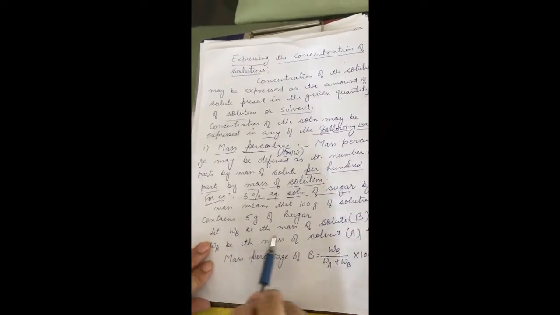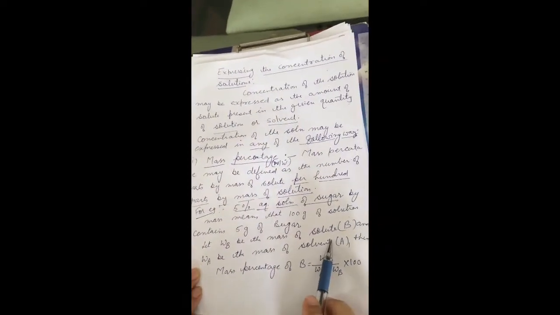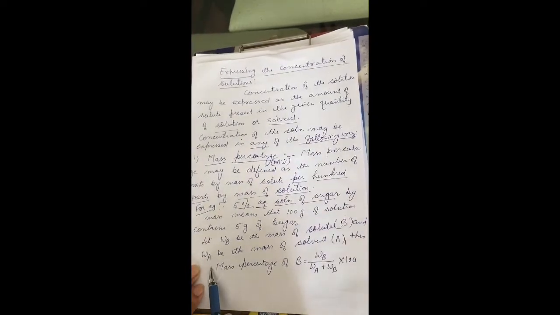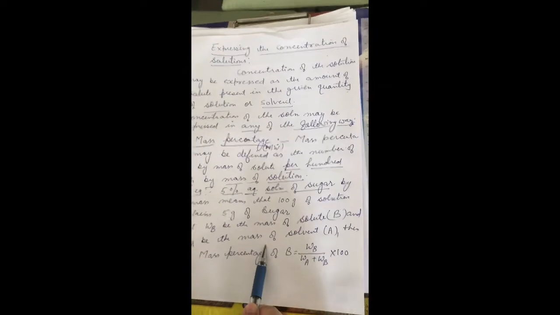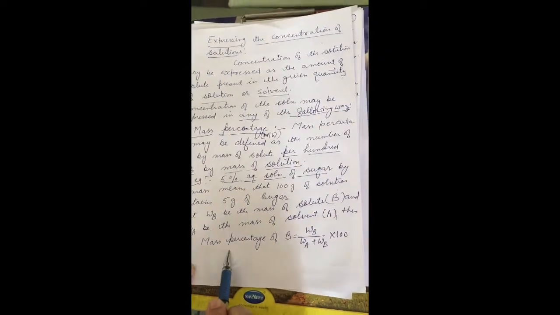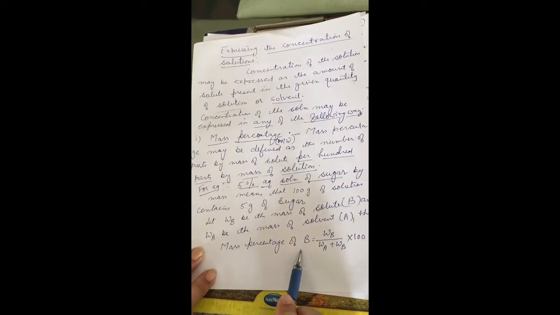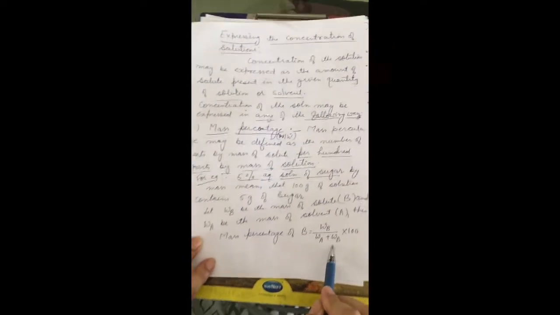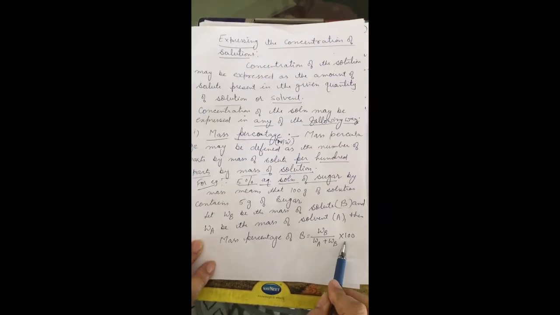Let WB be the mass of solute B and WA be the mass of solvent A. Thus, mass percentage of B is WB upon WA plus WB, into 100.